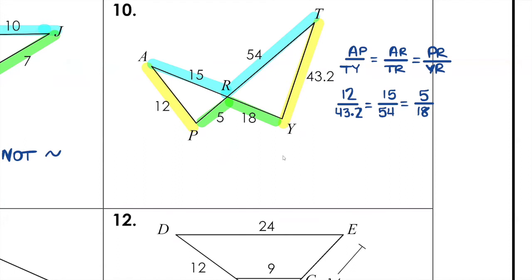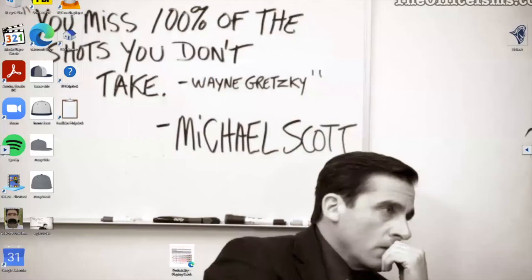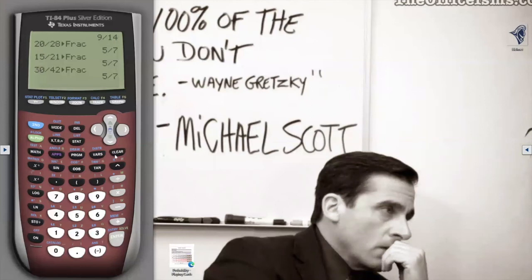So when we go to put these into our calculator, we can do the decimal, but let's just do math frac. So we're going 12 divided by 43.2. Math frac. 5/18. 15 divided by 54. Math frac. 5/18.